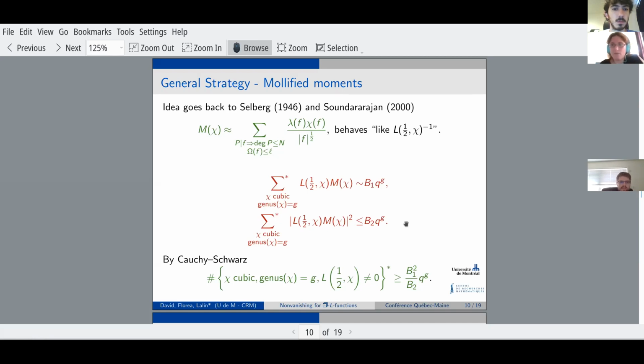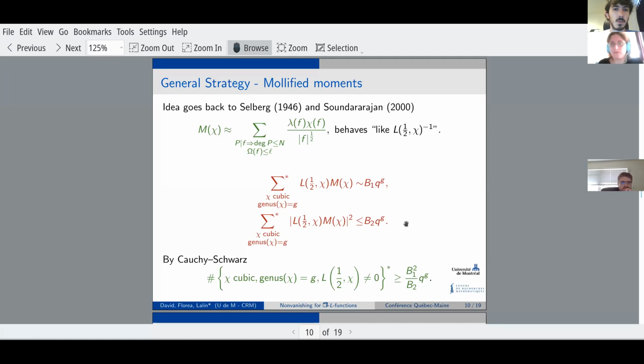Before, the typical bound would be like log x, so G times Q to the G. But because we are multiplying by 1 over L in each term, we get a bunch of ones, and so morally we are counting the number of characters for which this is different from 0. And so we managed to get Q to the G. This is the very vague idea of what we are doing. And so when we apply Cauchy-Schwarz, we get a positive proportion.